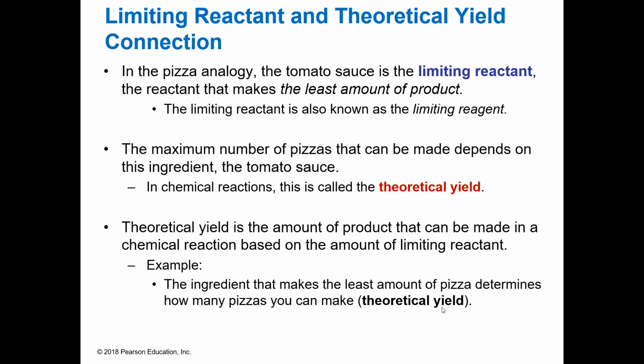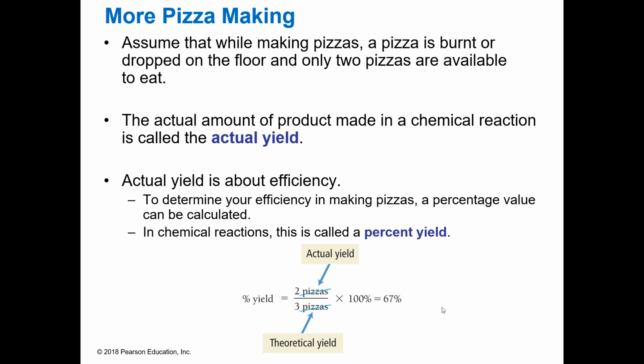Sometimes though, if we're going into a lab or we're going to the pizza parlor to make the pizzas, we know that we can make 3 pizzas, right? Based on what we were just given. But let's say we burn 1, so now we've not made it. We actually only made 2. That's what we call an actual yield. So when you actually do it, and it's different than whatever you get out of it hands-on, that would be your actual yield.